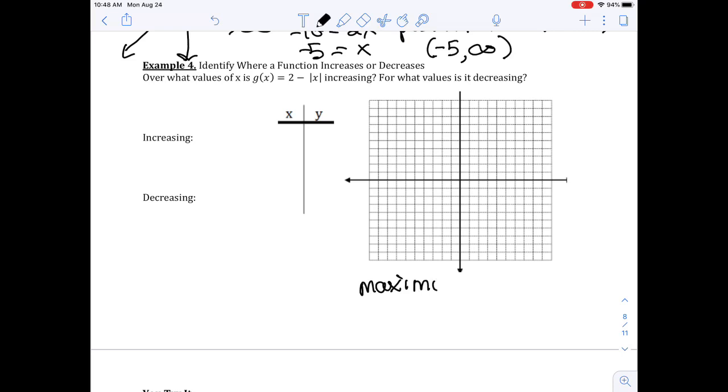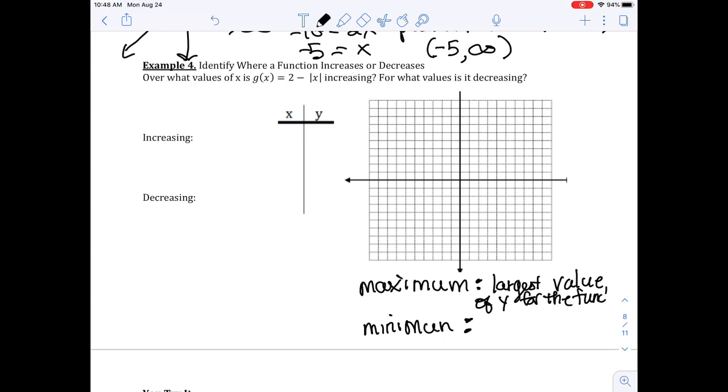So I want to remind you again what maximum and minimum values are for the function. So the greatest value the function attains is the maximum, so the largest value of y for the function.